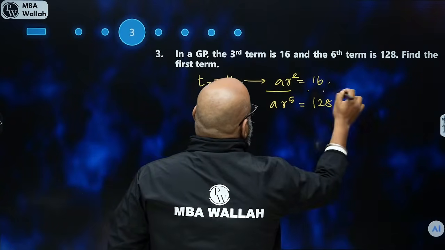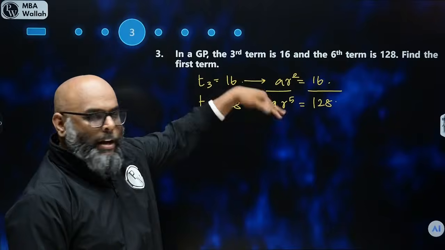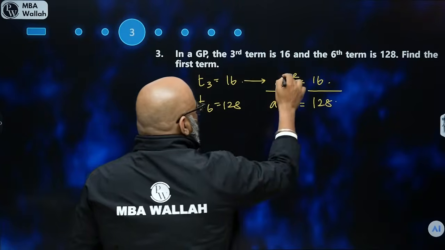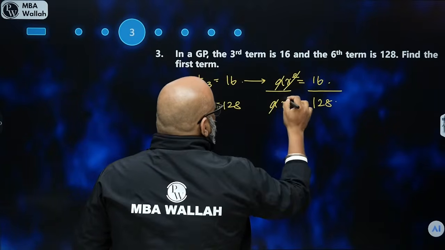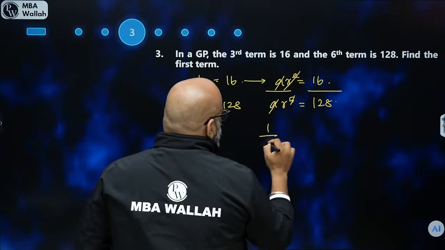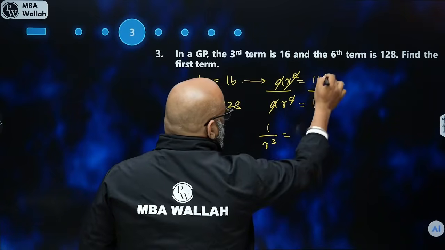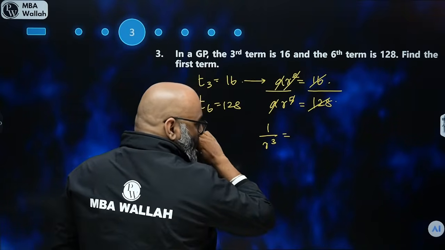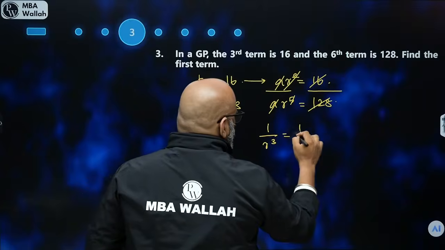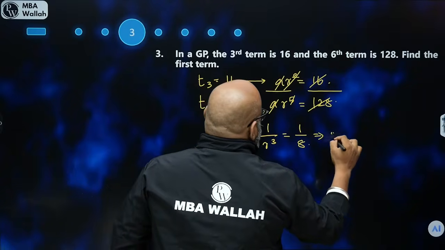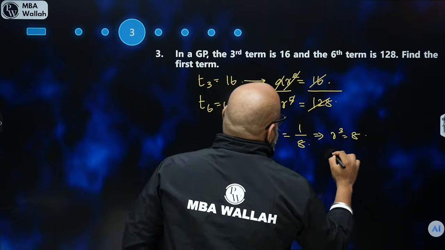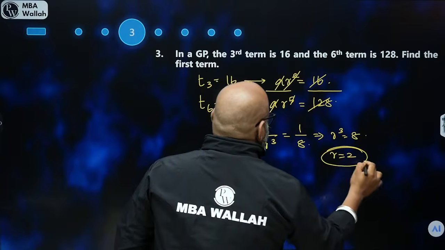I'm simply dividing equation 1 by equation 2. So A gets cancelled, R square gets cancelled here, we'll have 1 by R cube is equal to 16 by 128, which is 1 by 8. R cube is equal to 8, so R is equal to 2.